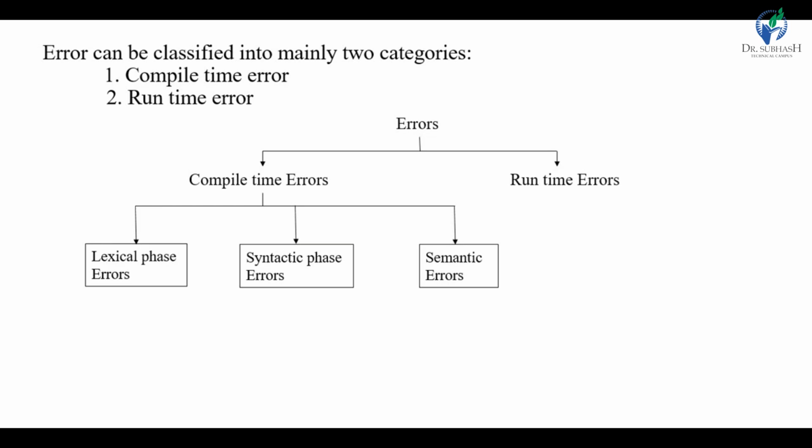Typical lexical phase errors are misspelling of any identifier, keywords or tokens. It means you can say that it's a spelling error, meaning incorrect tokens, or exceeding the length of an identifier or numeric constant, or appearance of any illegal character.